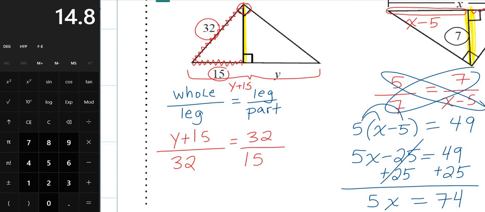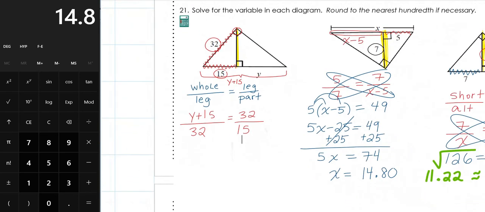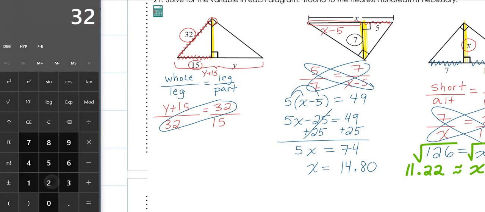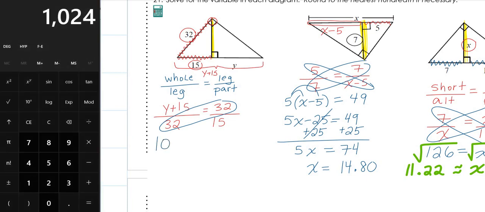Let's go ahead and cross multiply and solve. So 32 times 32 in my calculator, 32 times 32, or 32 squared, would be 1,024 equals 15 times the y plus 15.